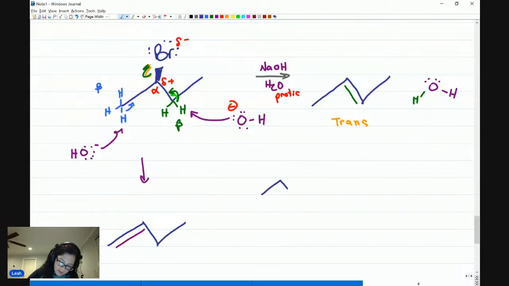because our starting molecule, I'm going to redraw it here, looked like this. The carbon here, sp3. The carbon here, sp3. That means the molecule is capable of free rotation, and at any point in time, it could have rotated to look something like this.